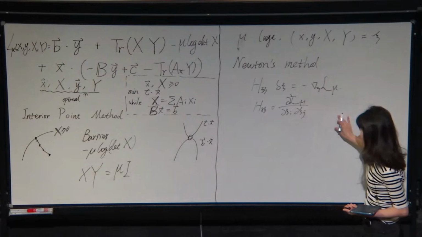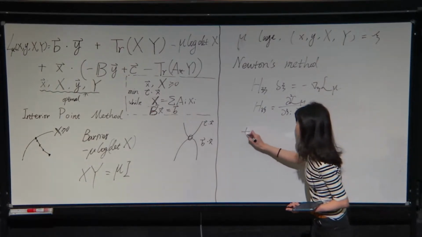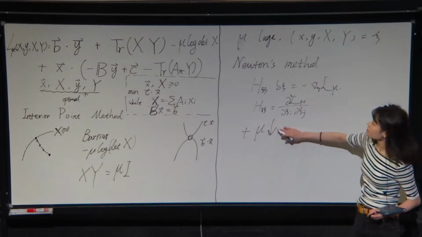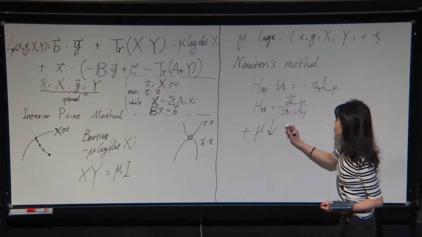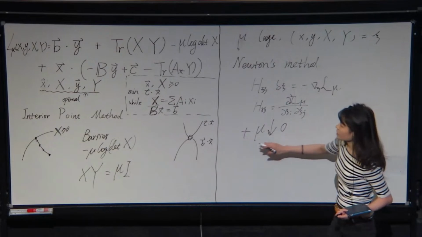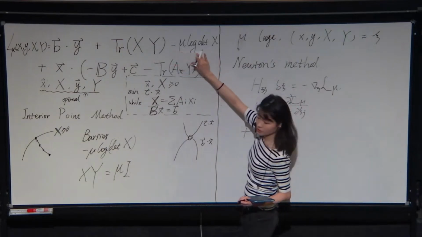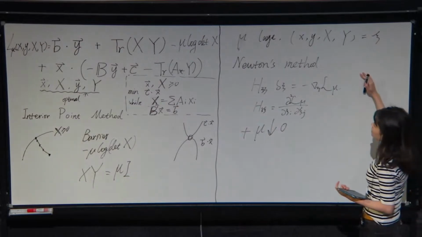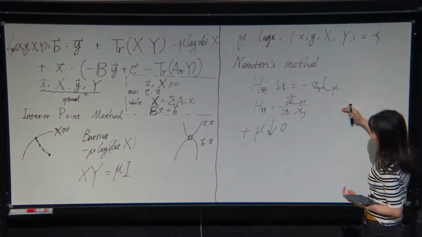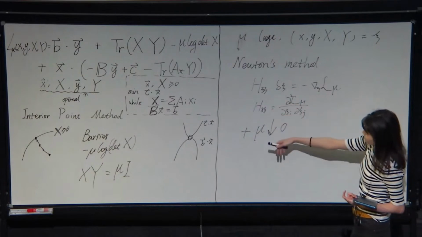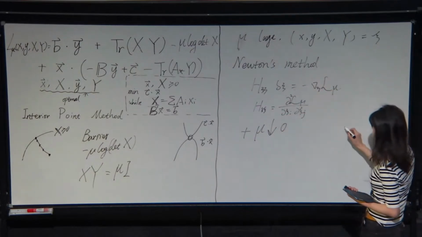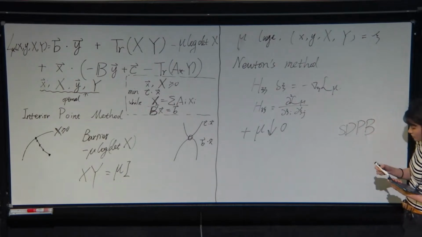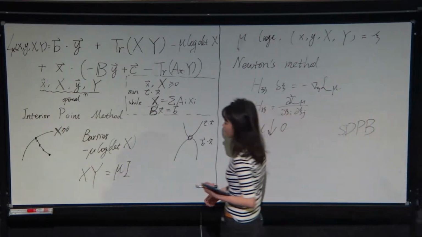At the same time, we'll be decreasing mu gradually. Starting from a large value, we want to decrease mu to 0, so that at the end this term doesn't matter anymore. Okay, so this is a brief summary of the routines behind SDPB at some fixed parameter p.